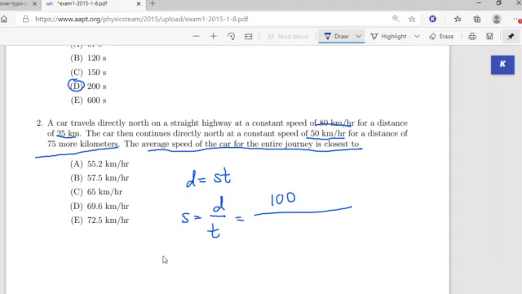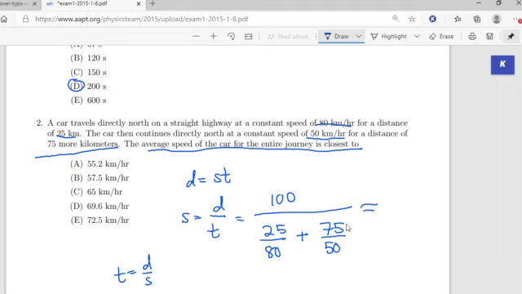So using this equation, time is equal to distance over speed. So what we can do now is we have 25 kilometers over 80 kilometers per hour plus 75 kilometers over 50 kilometers per hour.